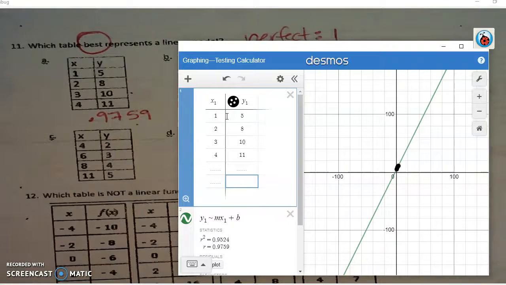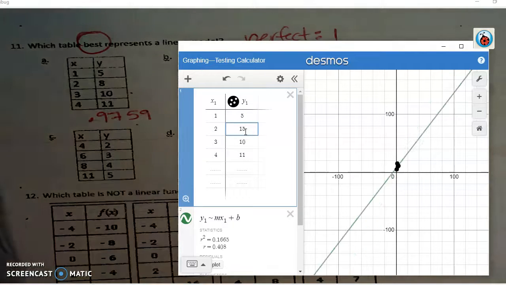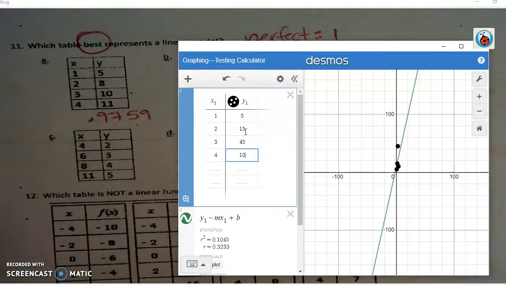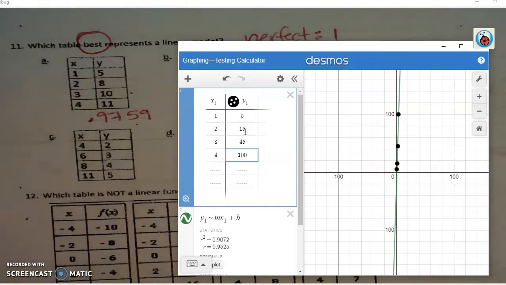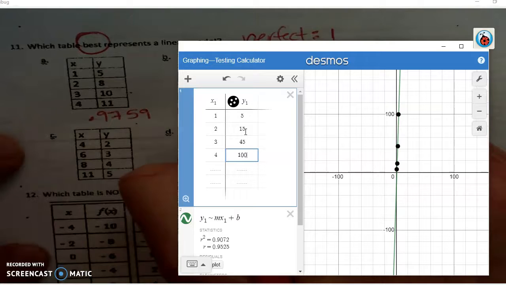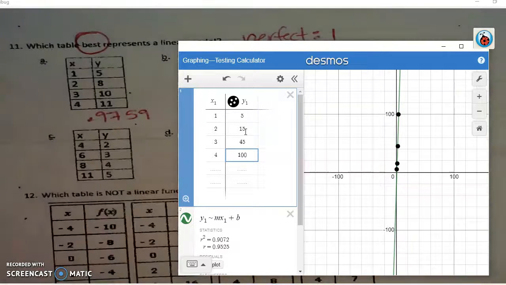If I put in answer choice B, 5, 15, 45, and 100, the R value is 0.9525. I'm writing those down.